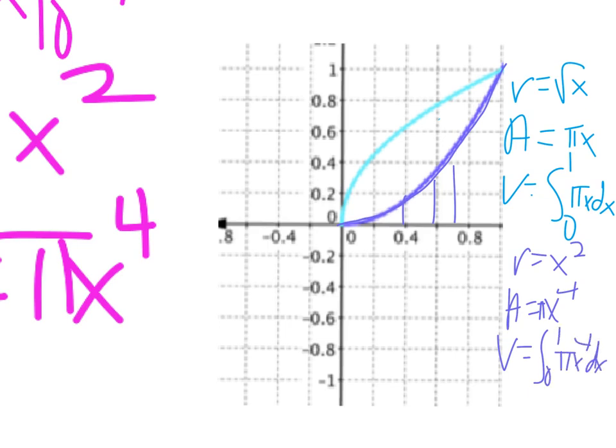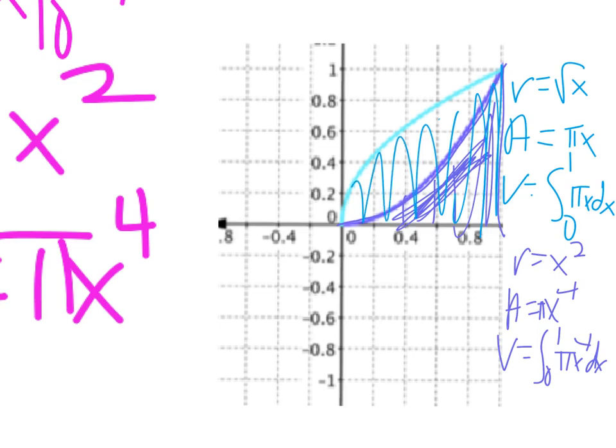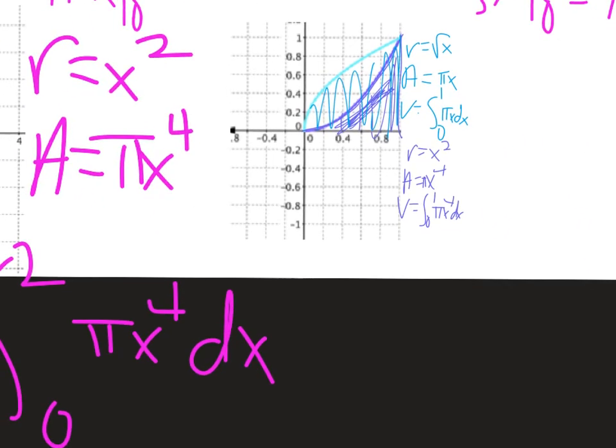Now, to find the overall volume, let's see. This volume is going to be smaller than this volume. I know I'm just showing area, but pretend I'm spinning that. So if I subtract that purple from the teal, then it'll work.